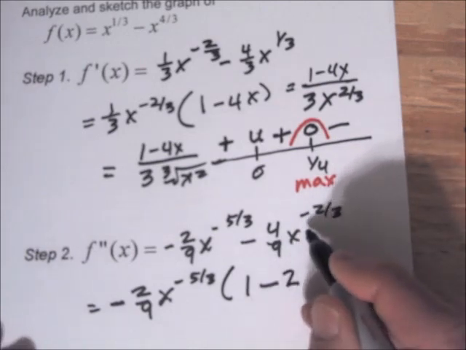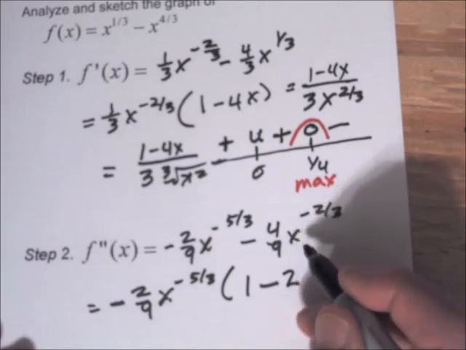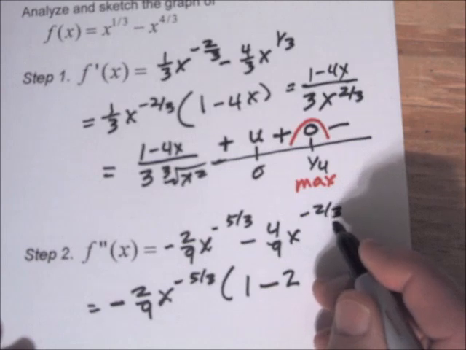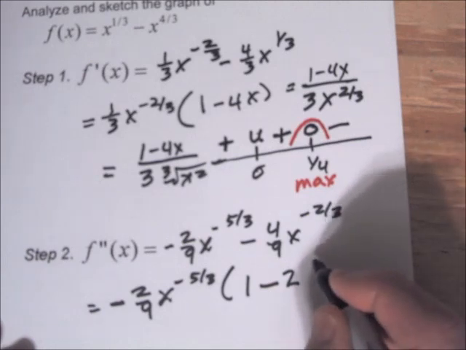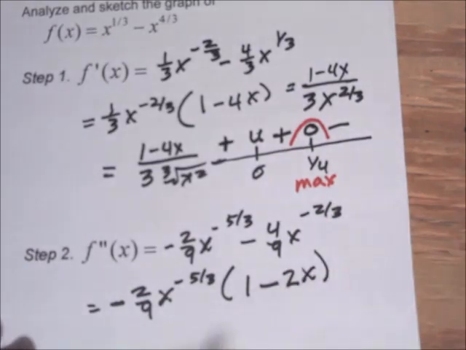And for the exponential, you subtract the exponent. So negative 2/3 minus the negative 5/3 is going to be negative 2/3 plus 5/3, which is 3/3, which is 1. So you'll just have 1 minus 2x.